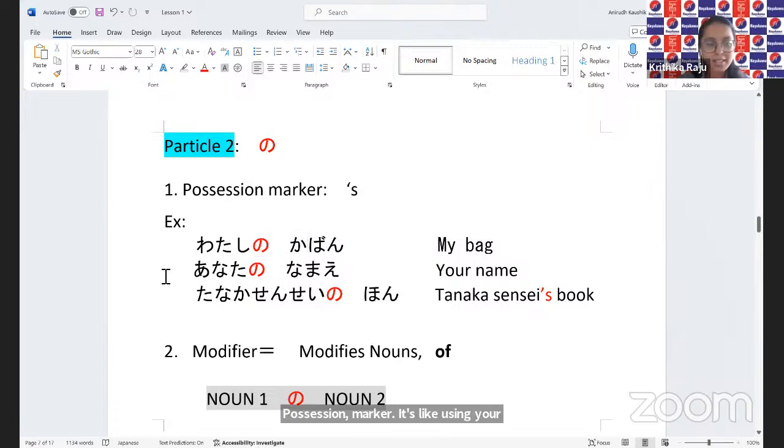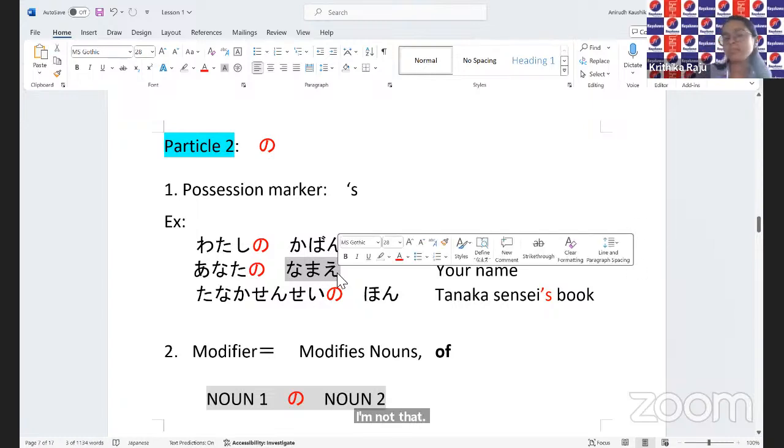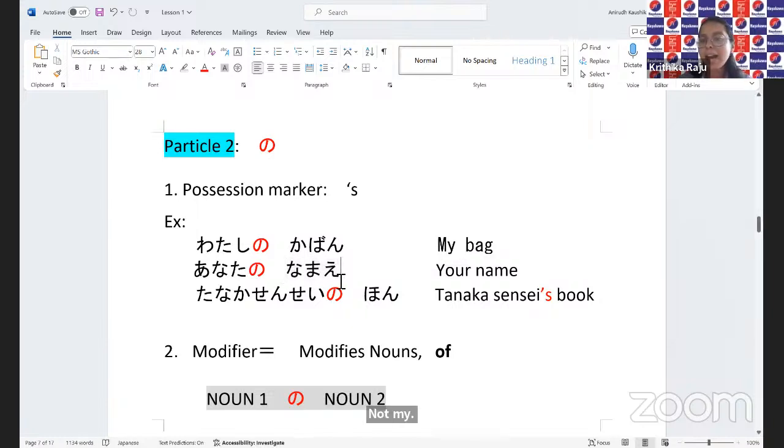Okay. Let's look at this example. Your name. What is you in Japanese? Anata. Anata is you. Correct. The word for name is, can you all read this please? Namae. It sounds very similar to name itself, right?